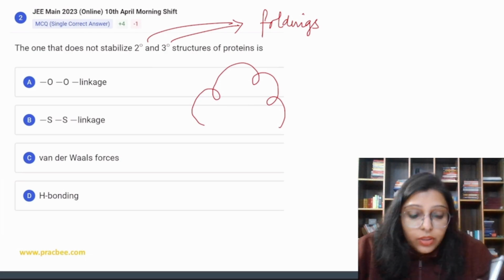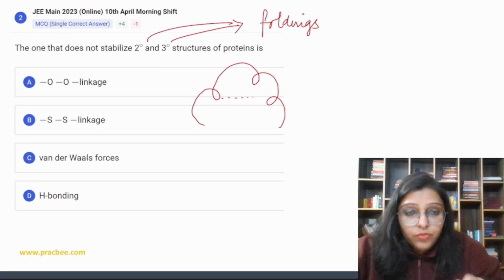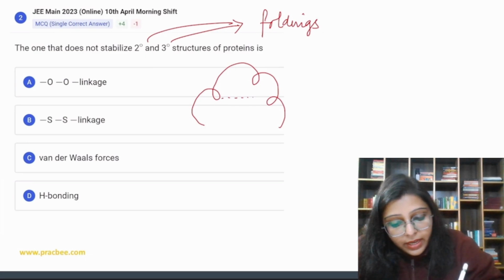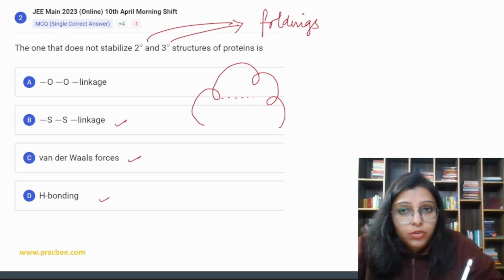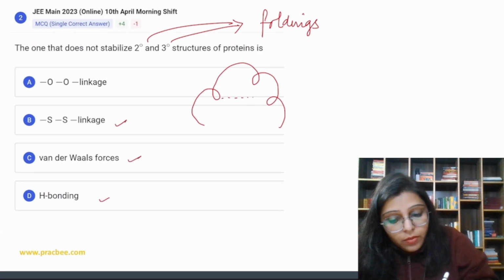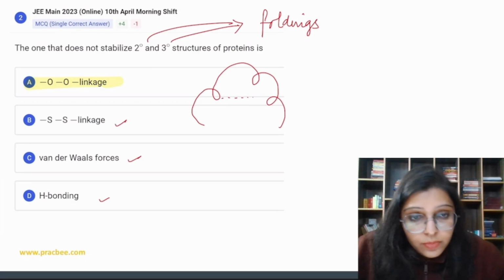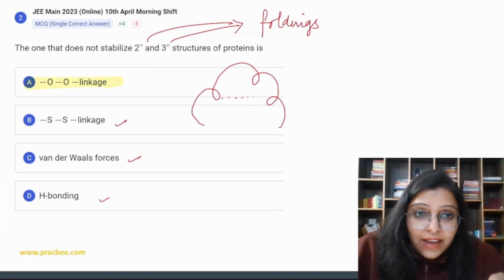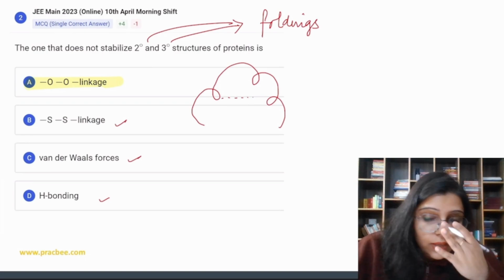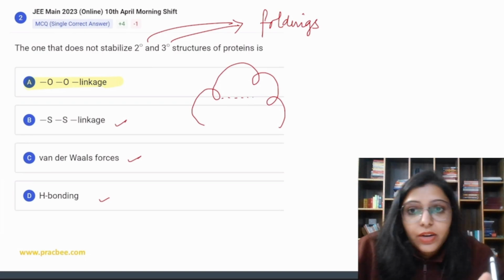Now in the folding we have some kind of linkage which stabilizes the folding, and that linkage can be sulfide linkage, van der Waals forces and hydrogen bonding. We do not have peroxide linkage, because we have some amino acids in which sulfur is present. So if we have sulfur atoms, they are stabilized by sulfur linkage.